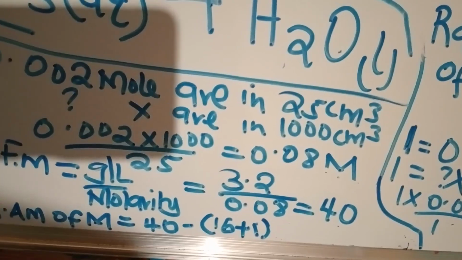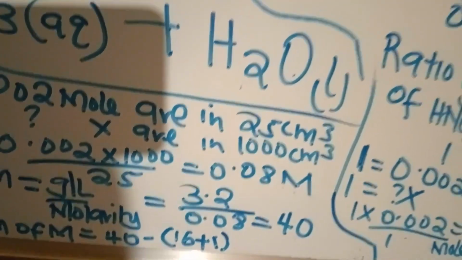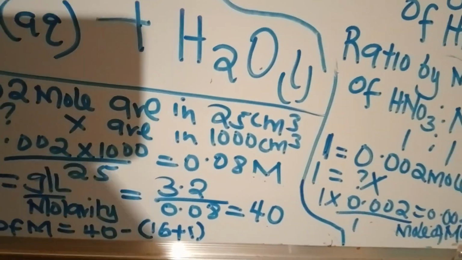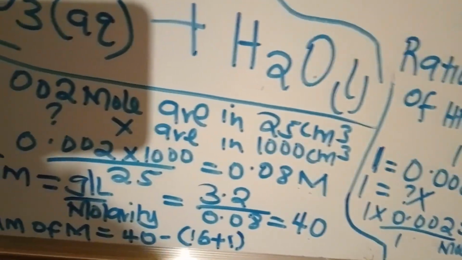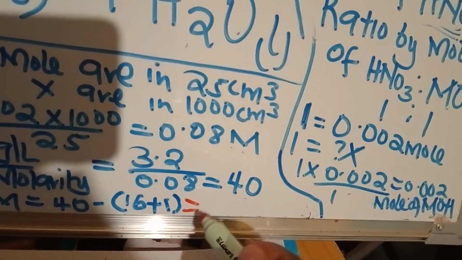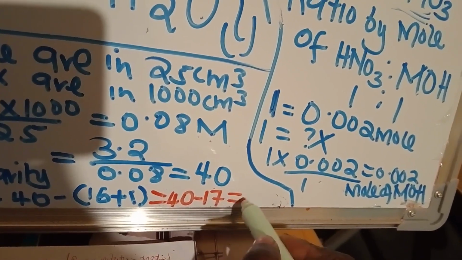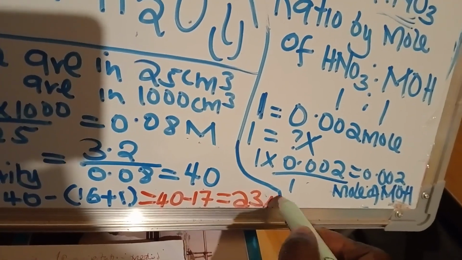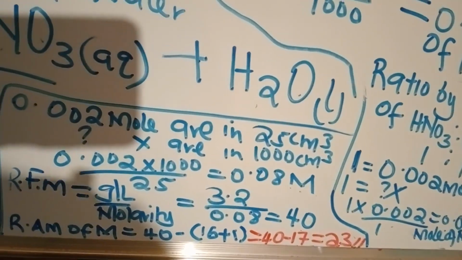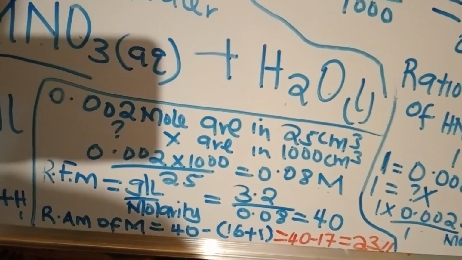In conclusion we get 40 minus 17, which is equal to 23. So that is the final answer. RAM of capital M is 23.